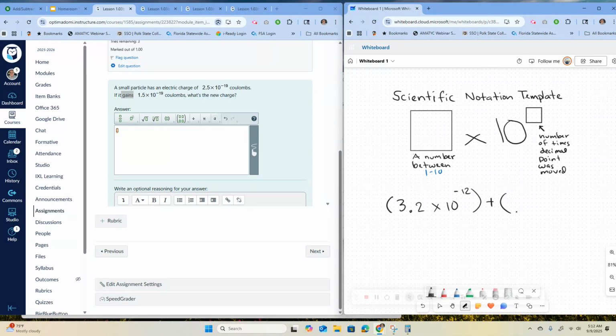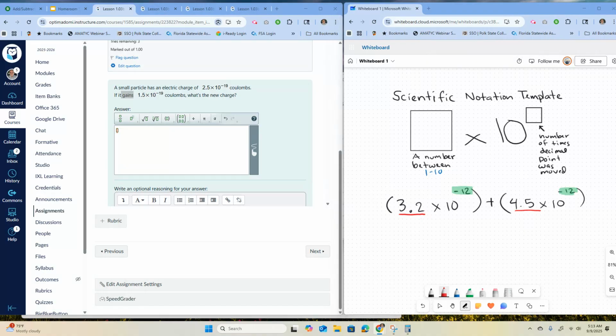So let's say you added 4.5 times 10 to the negative 12 power. Every time you're adding numbers in scientific notation, you need to make sure you have the same exponents, and you can see we do. So once you know they're the same exponent, in this case, I'm going to add the coefficients, the numbers that I underline in red.